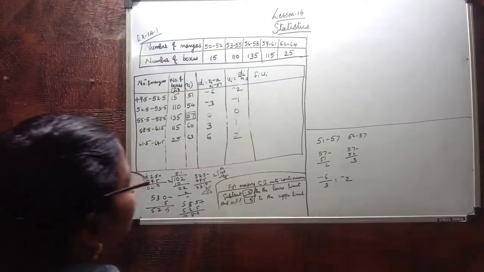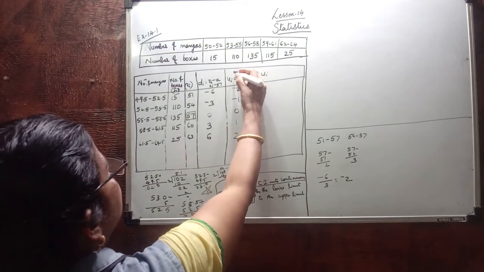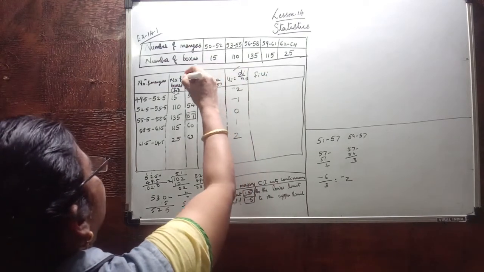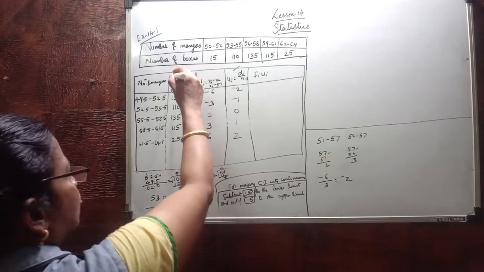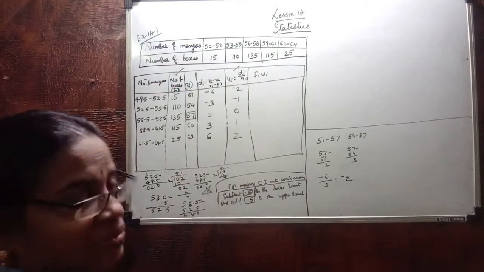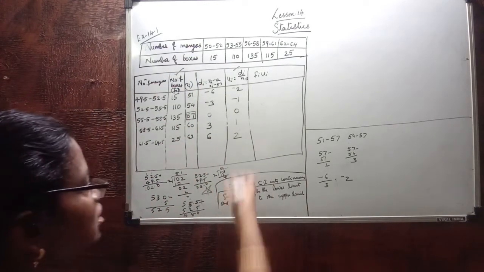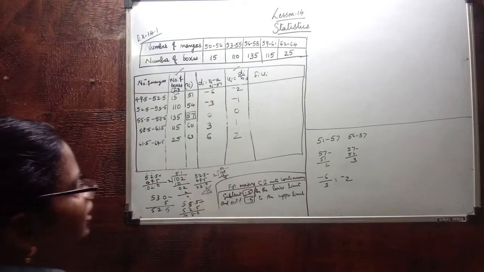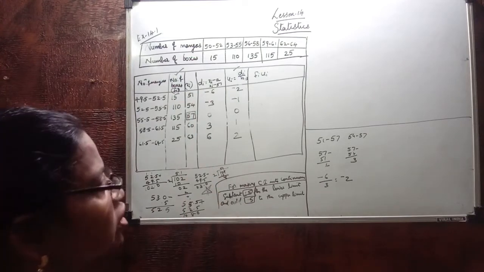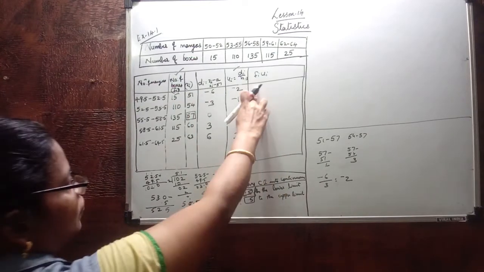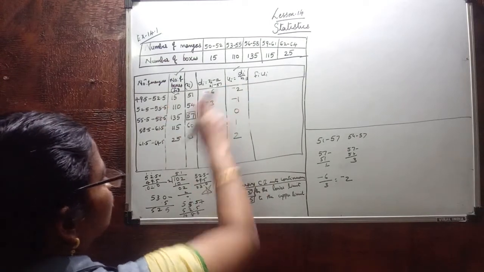Now fi ui. Just find out fi and ui. Now some of you did the multiplication with the wrong columns. Some of you multiplied ui and xi. So you have to remember which things you have to multiply. So fi and ui. fi is here, ui is here.